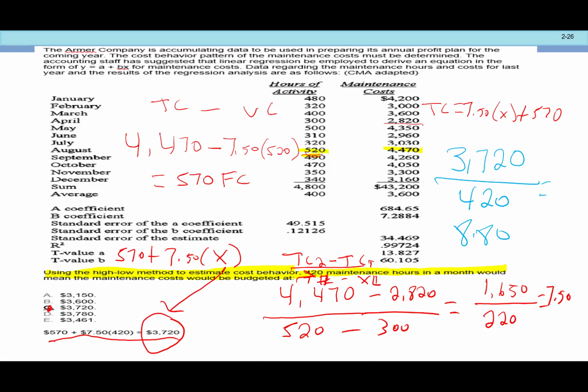You just plug in the 420 hours right here, and the answer is 3720, isn't it? That's how to answer that question. $570 plus 750x, and they told me that the total maintenance hours, they said pretend it's 420. If it's 420, I just plug that in, right?